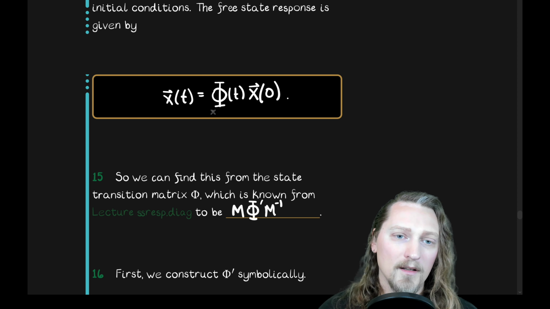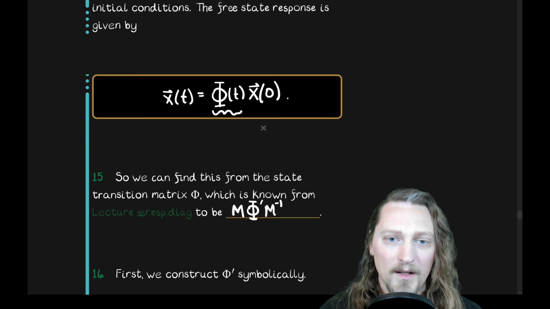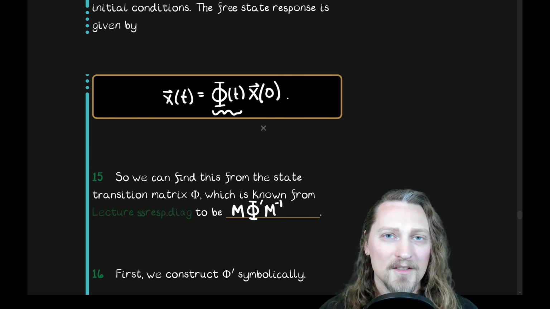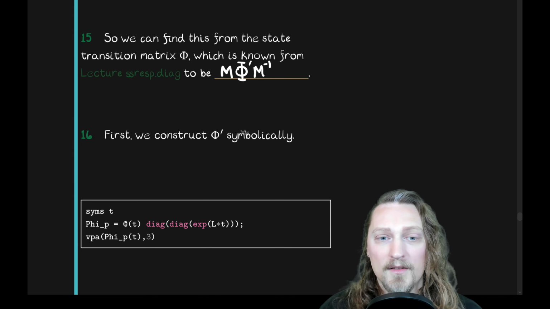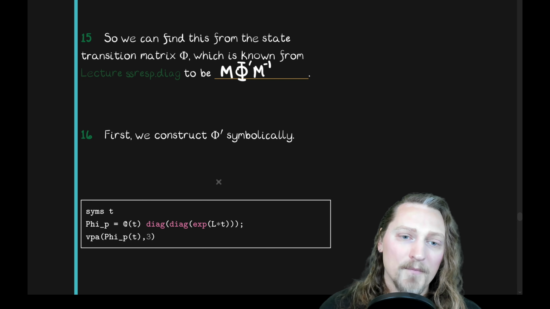Once we have Phi, the free response is given, essentially. An initial condition is given, we multiply that by the state transition matrix, and we are already at our free response. So we need to construct Phi prime symbolically.